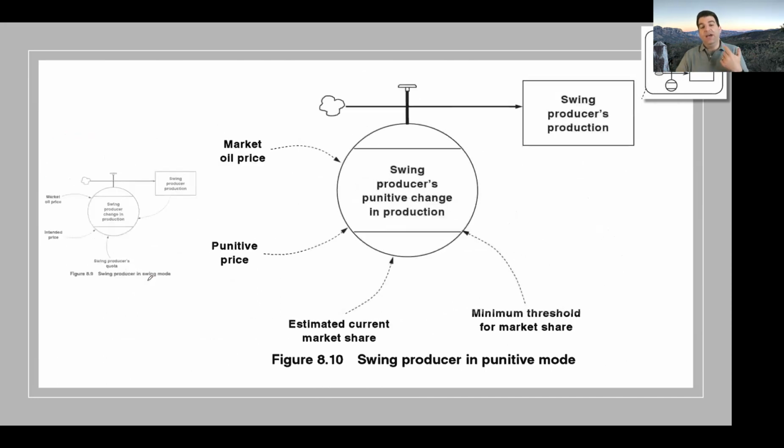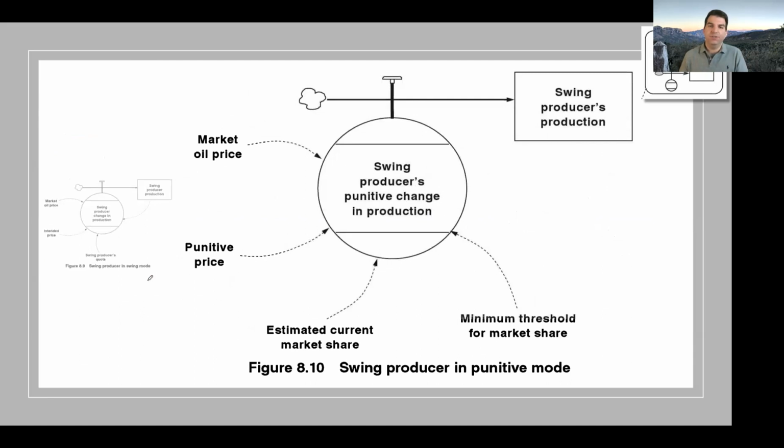Now, on the other side of things, when the swing producer detects that one of the OPEC member states must be dumping more oil onto the market than they're allowed to, the swing producer initially tries to pull oil off the market to compensate. But eventually, once they've pulled enough oil off the market that they say somebody is cheating here, then they flip into what will effectively be like a reinforcing feedback loop, if not totally decoupled.